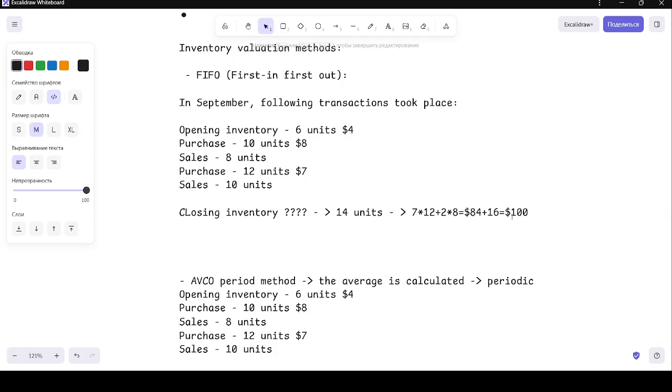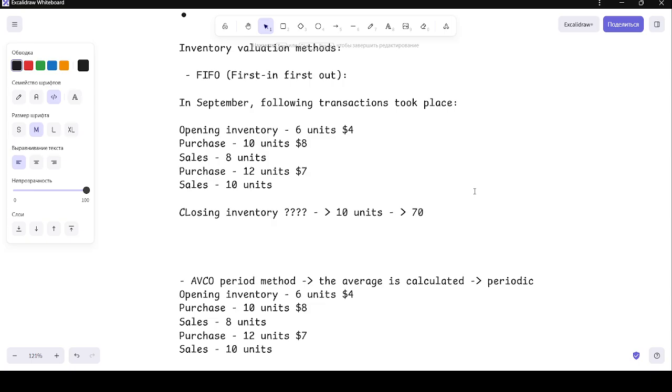In the FIFO method, we had the amount that was 70, because we had 10 units and that gives us 70. If you see it, all of them give us different methods, different values.